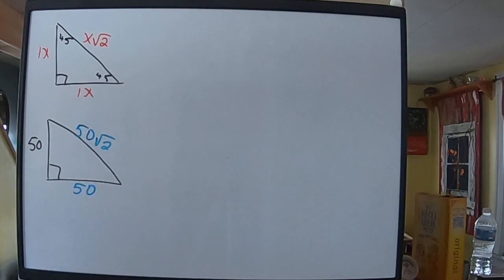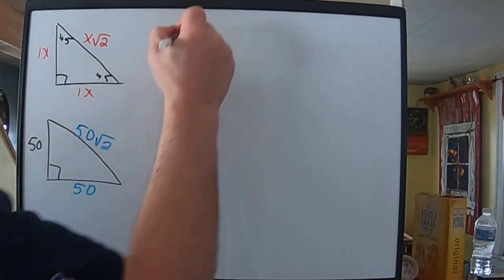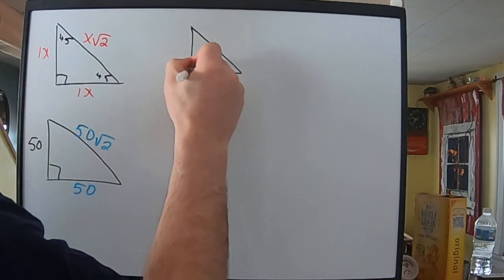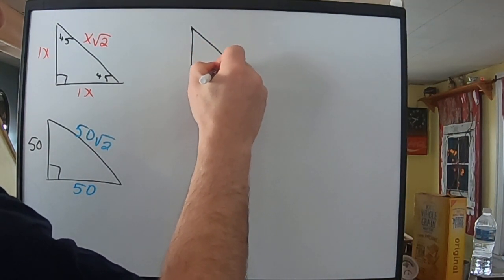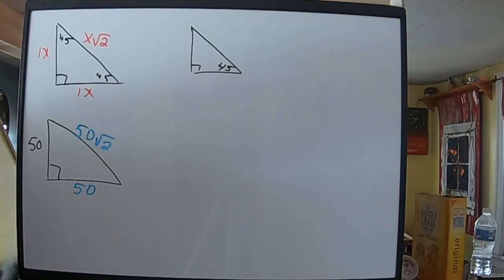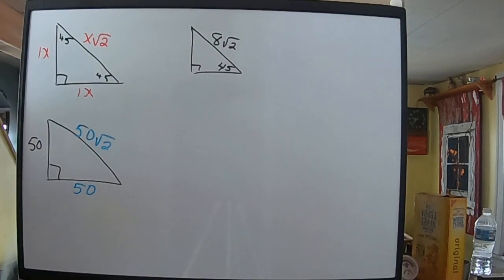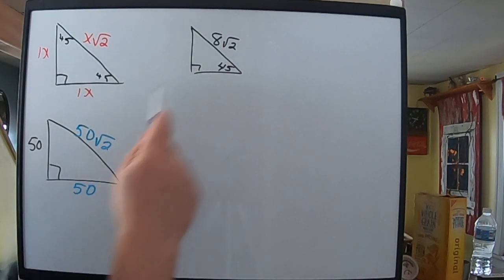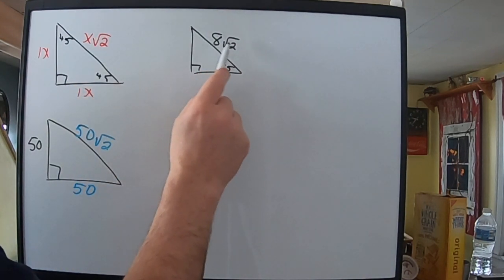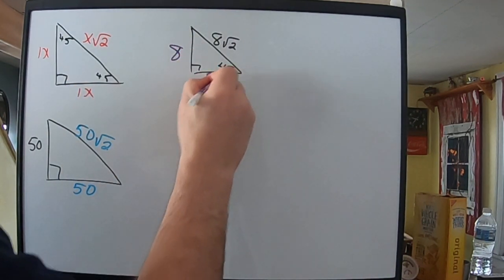Now let's try that again with a different setup. Say the side over here is 8 square root of 2. Well, x square root of 2, 8 square root of 2, 8 is x, so those are both 8.